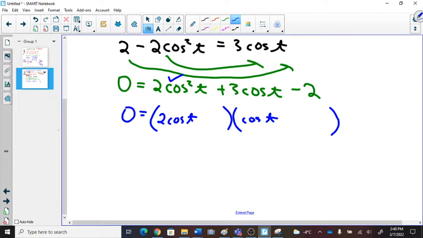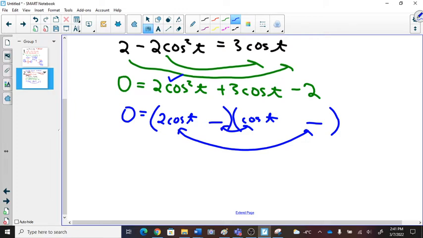Okay, now I play around with the numbers. Do you know what you have to have in the last spots? You have to have a 2 and a 1. So where does the 2 go? Where does the 1 go? Play around. Remember that you have to make a 3 in the middle. One of them will be positive and one will be negative.